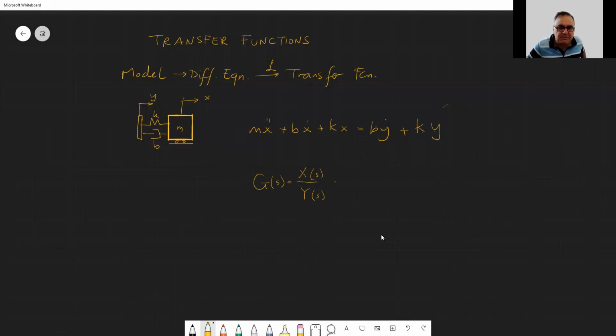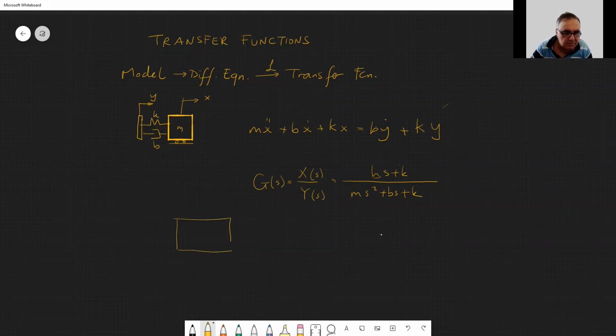You take the Laplace transform, ignore the initial conditions, and you get this, which will be the transfer function. So it transforms the input to the output in a way.